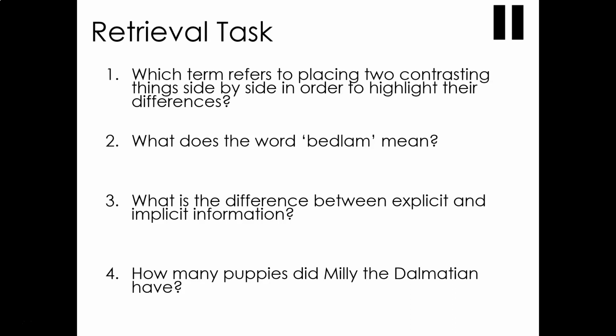Implicit information is not directly stated. It is implied, and the reader has to infer using a range of different evidence or clues in the text and begin to read between the lines. Number 4, Millie had 16 puppies. Well noted if you realised I said that in answer to an earlier question. Give yourself a mark out of 4.